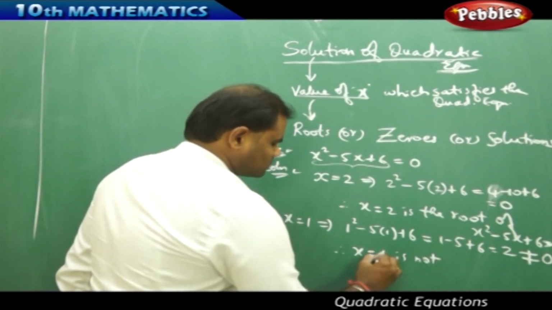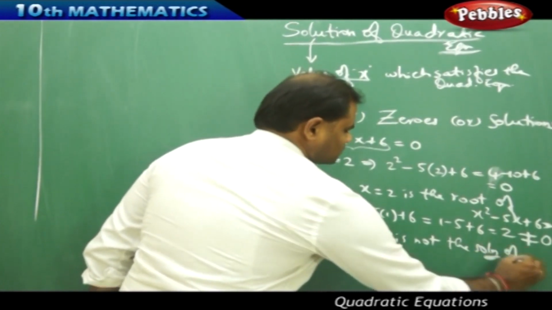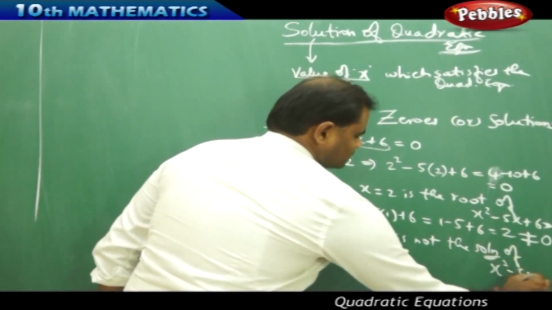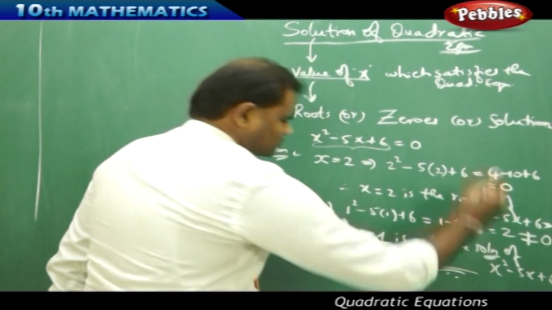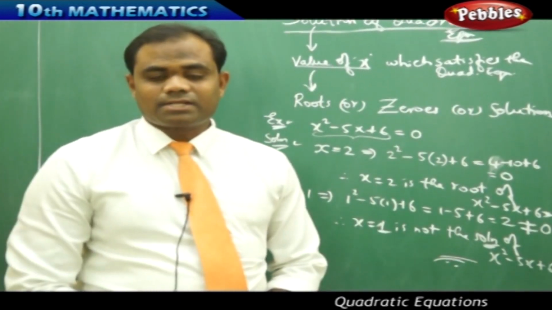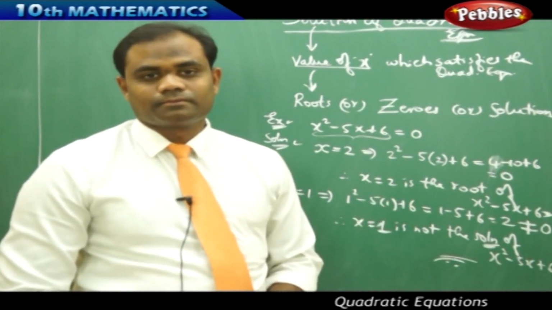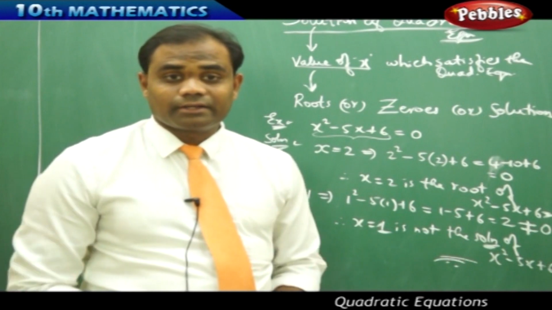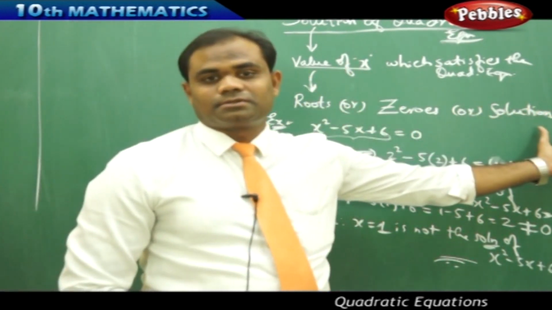So x equal to 1 is not the solution of x squared minus 5x plus 6 equal to 0. This is how I understand the difference between the solution and not the solution.